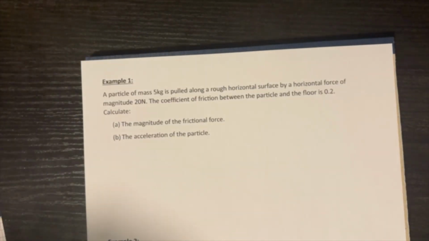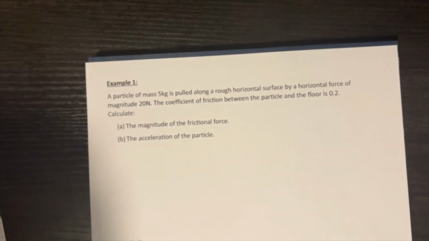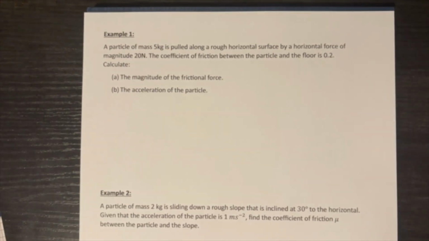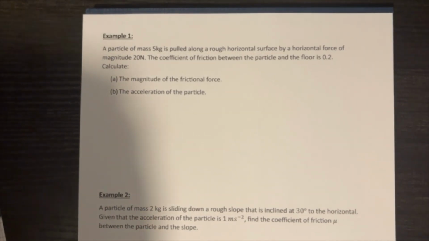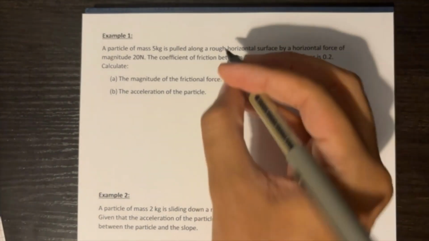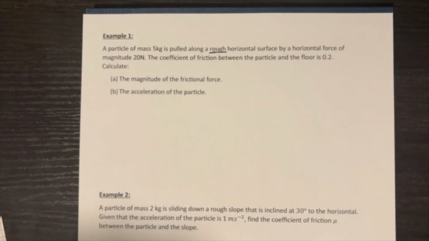So we're going to look at a couple of examples of some questions involving calculations with friction. We're told here a particle of mass 5 kilograms is pulled along a rough horizontal surface. If we're talking about rough surfaces, that's when we're being asked to consider the idea of friction. If we're talking about smooth surfaces, friction doesn't apply.